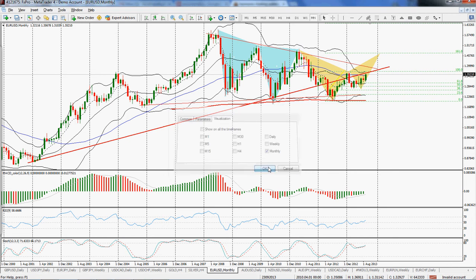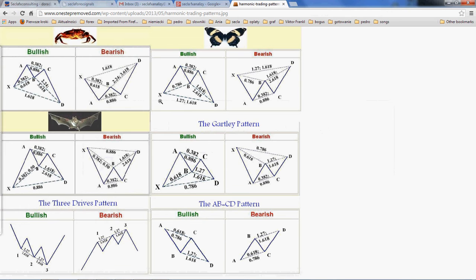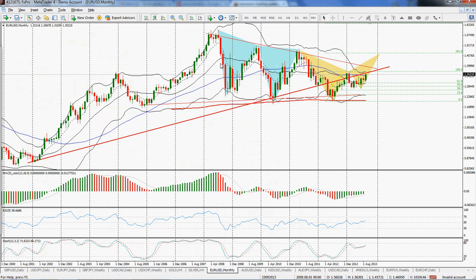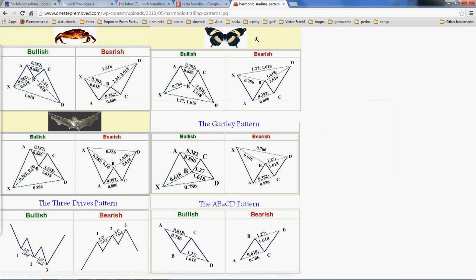We can even compare it with those descriptions. There aren't any objects that look similar to that. So that is not a harmonic pattern.